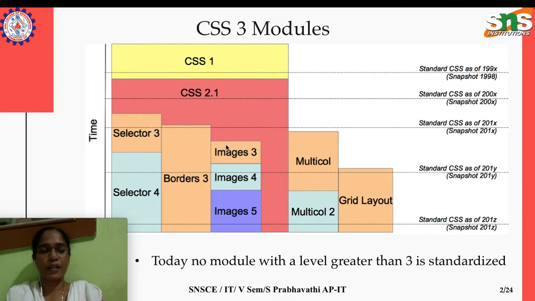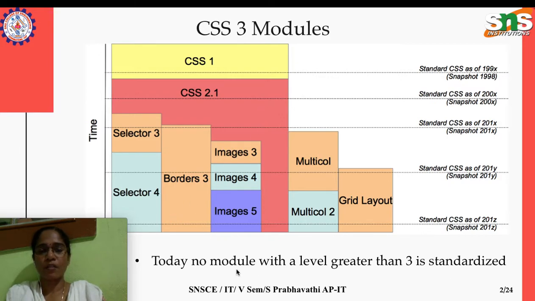To handle images, it has a separate module called Image 3, borders has a separate module Borders 3, selectors has Selectors 3, and multiple columns and grid layout are available. So these are individual modules. From CSS3 onwards each module will add new features or extend the existing features of CSS2.